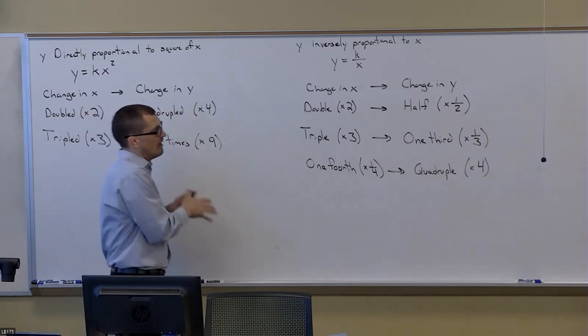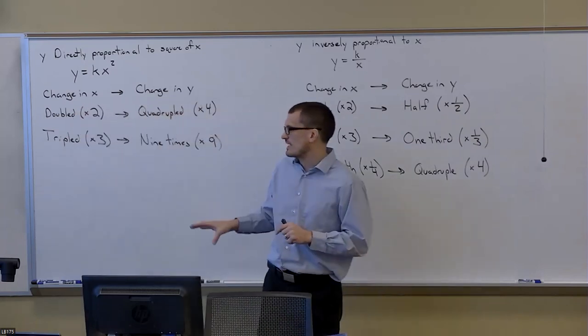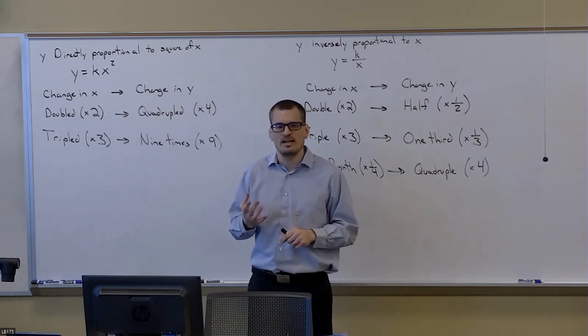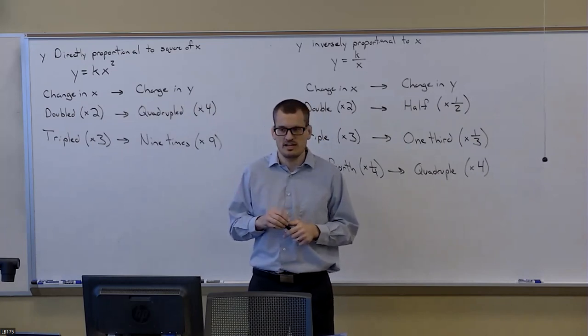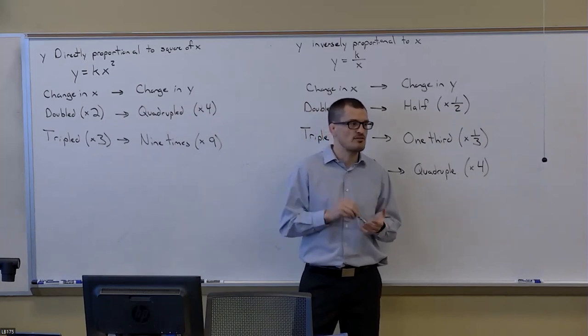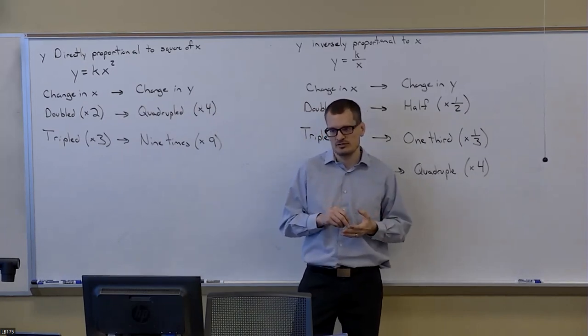Now, this is all of section 3.7 and 3.9. We finished 3.7 earlier, but this is the end of 3.9. This is all we're doing in 3.9. Next class period, we'll come in, we'll start chapter 4, which is exponential functions.